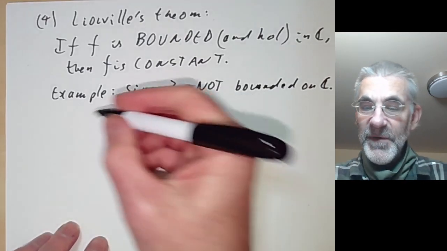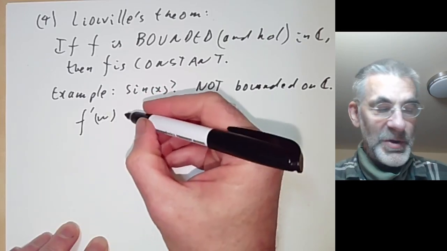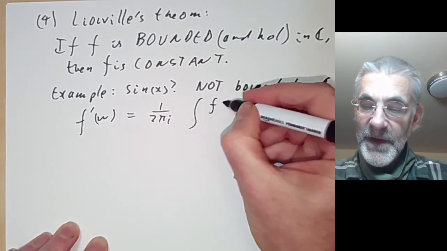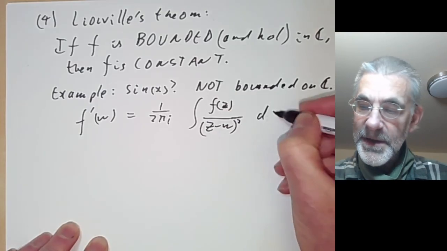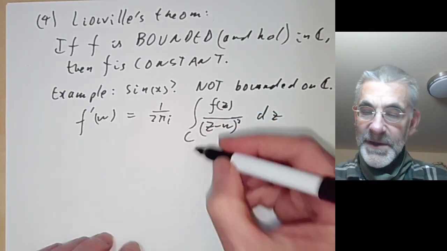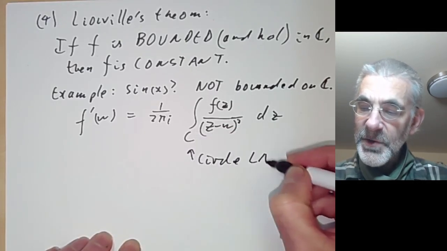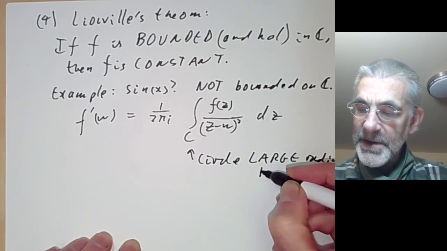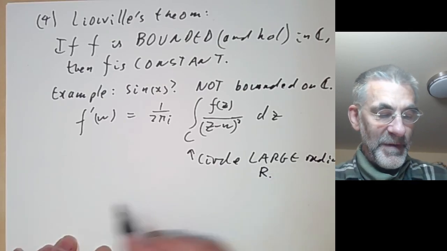So how do we prove Liouville's theorem? Well, this follows easily from what we did earlier. We just look at the derivative of f of w, and this is 1 over 2 pi i times the integral of f of z over (z minus w) all squared dz, where we integrate round some curve C. And now we're going to take the path C to be a circle of large radius R. I tend to use capital R for large radii and small r for little radii.